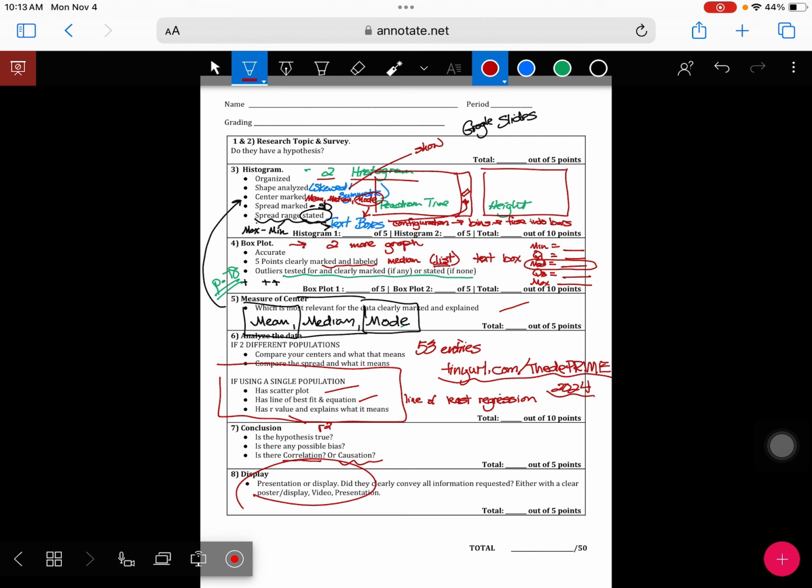Other questions? Is there an example of the whole thing? No, there is not. The rubric is there, that's telling you everything you need. And if you have questions, you need to try to be asking questions along the way.